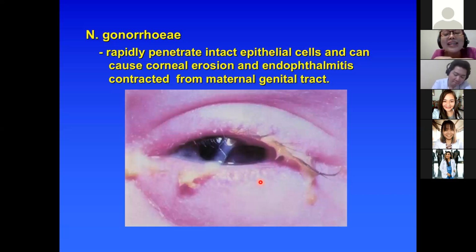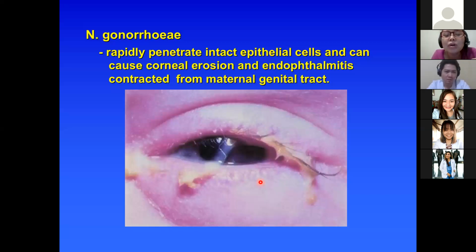You have to give the topical and the injectable. Parati yan, kasi emergency ito. You have to treat this well. Once it penetrates the cornea, it will cause an ulcer, and it could affect your vision later on.